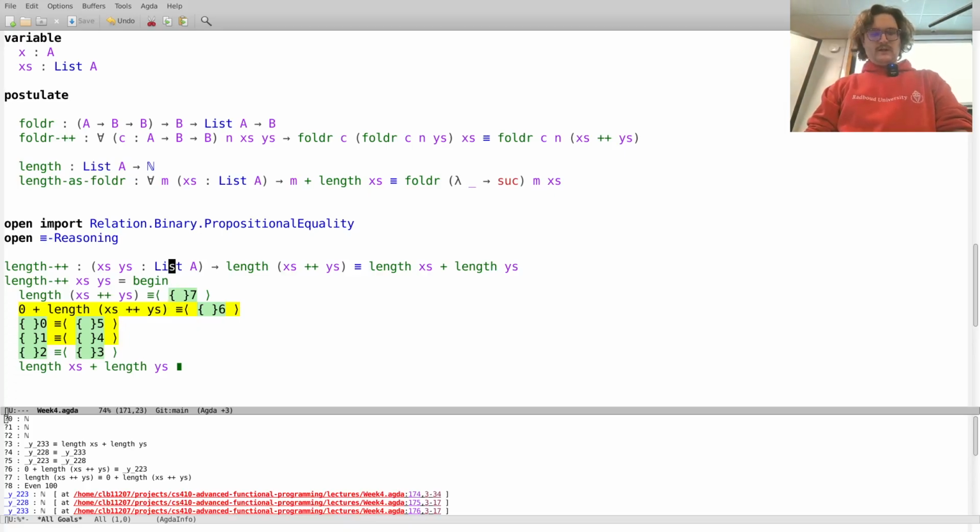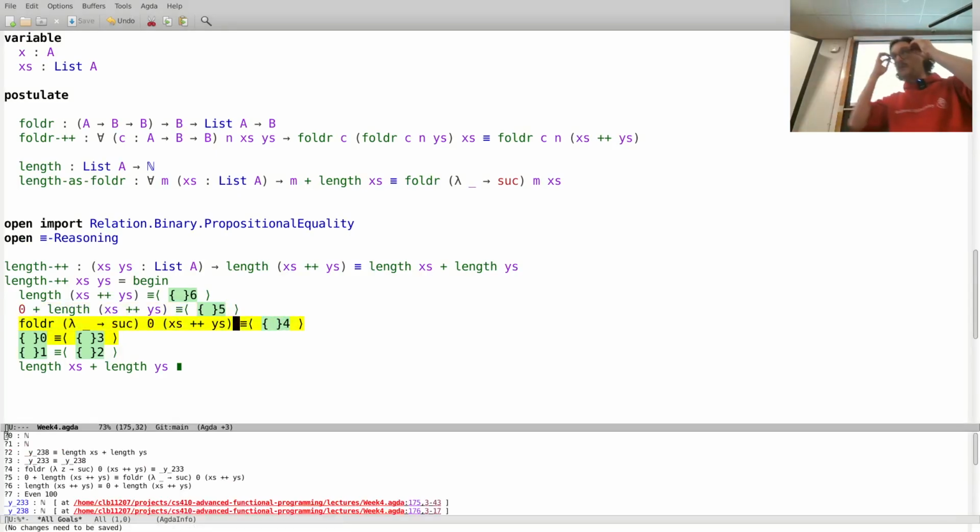So then, assuming that I'm using this reasoning step, I should be able to go to foldr lambda soc 0 x's y's, right? Because the length, I'm calling it on this expression. This is the one that shows up at the end of the foldr, so it seems like a reasonable thing to do.